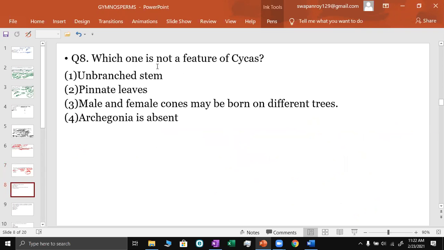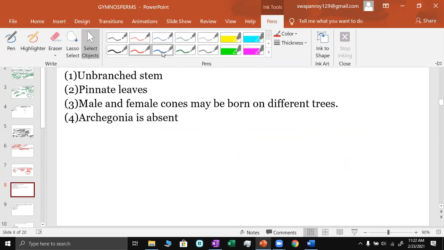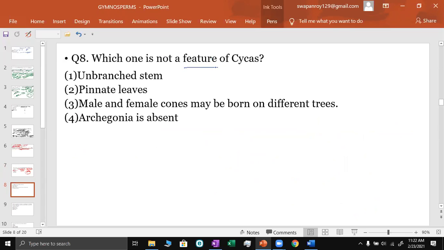Question 8. Which is not a feature of cycas? Three statements are features of cycas, and one is not.